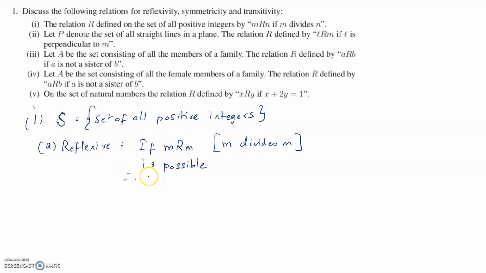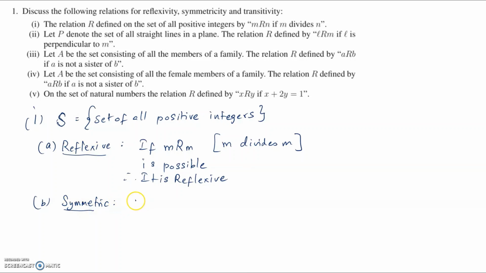Therefore, it is reflexive. Now the second relation, which is symmetric. Okay, so let me underline these.